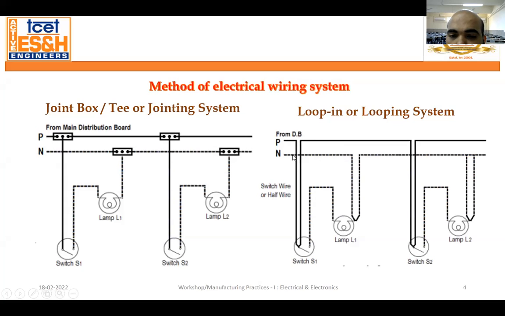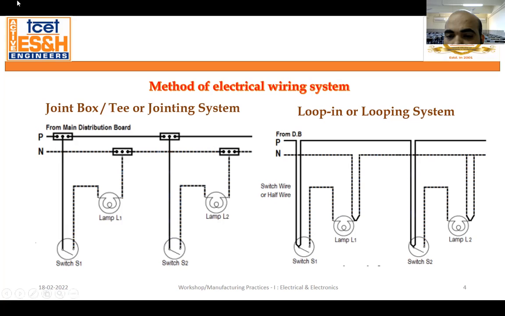But in the case of a looping system, the whole system is not beneath the floors or the roof surface. So it is all in the open way. Here in the loop-in system, no joints are considered beneath the floors.